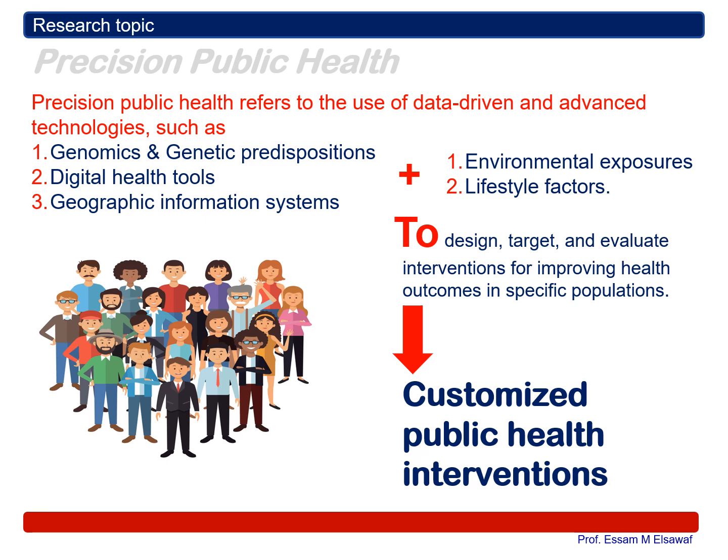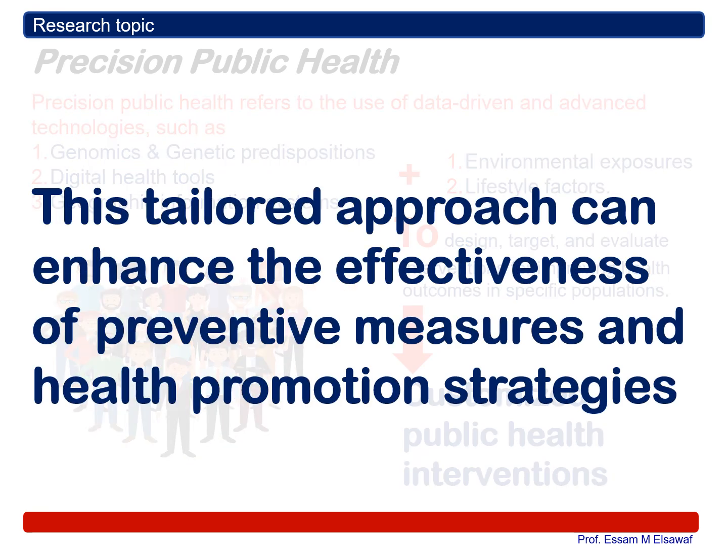This tailored approach can enhance the effectiveness of preventive measures and health promotion strategies. Here, it's well known that it's better to recommend a tailored approach targeting specific populations according to their needs, their priorities, and their problems.